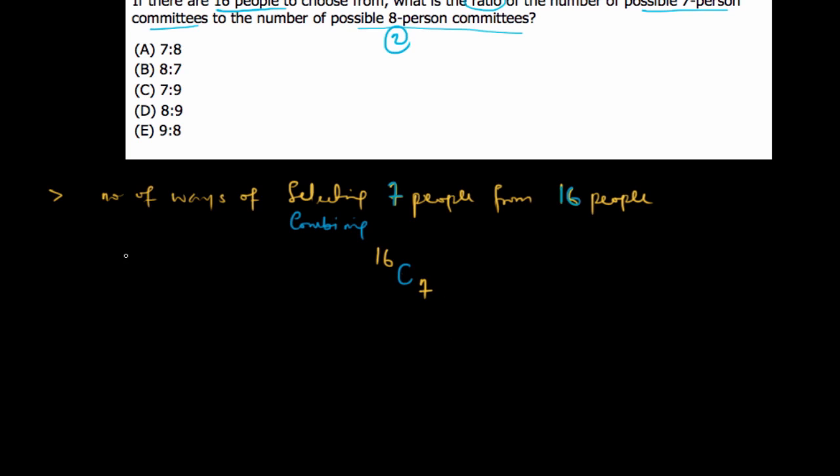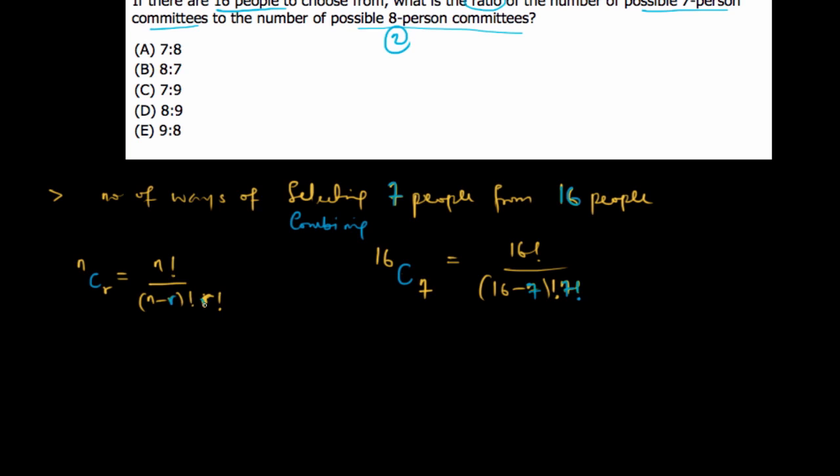If you have not forgotten, if you're told to find n combination r, that's just going to give you n factorial divided by n minus r factorial, then times r factorial. So we'll use this general formula. This is just going to give us 16 factorial divided by 16 minus 7 factorial, then times 7 factorial.